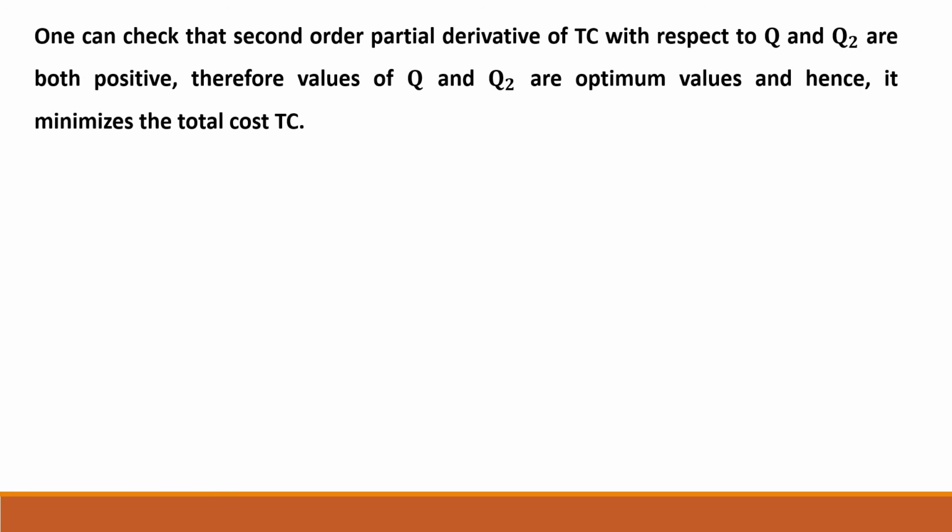One can check that second order partial derivatives of TC with respect to Q and Q2 are both positive. Therefore, values of Q and Q2 are optimal values and the cost which we get is minimized.